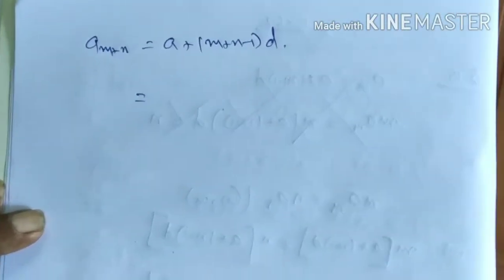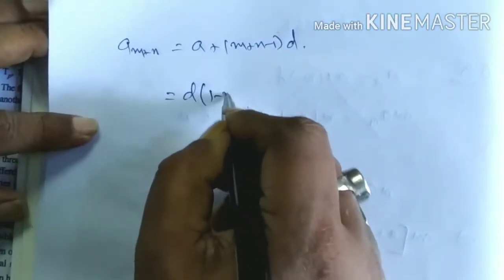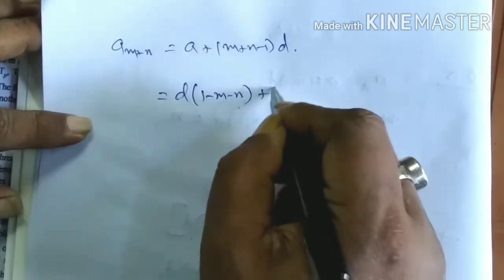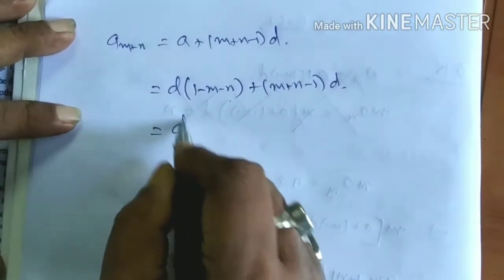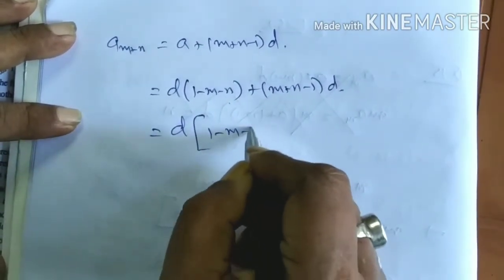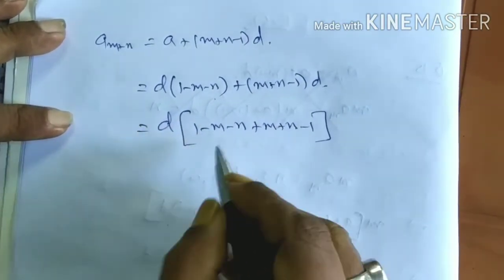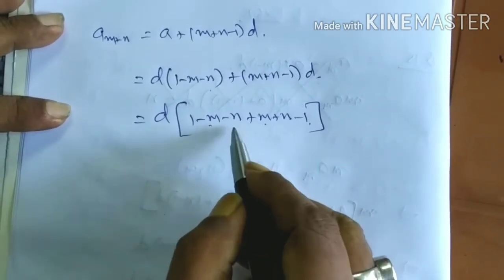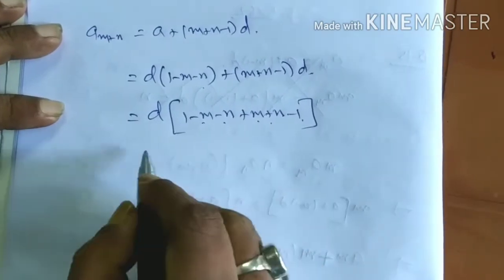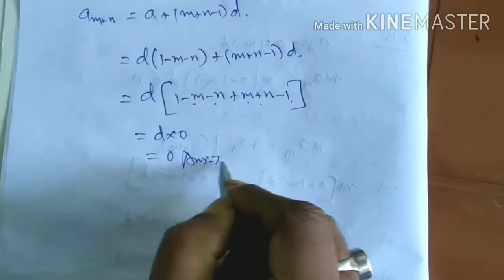So the value of a is d bracket 1 minus m minus n, plus m plus n minus 1 into d. Now d is common, so 1 minus m minus n plus m plus n minus 1. Here everything cancels out, 1 cancels, m cancels, n cancels, so it is 0. d into 0 is equal to 0. This is the answer.